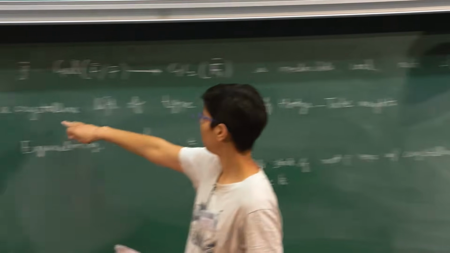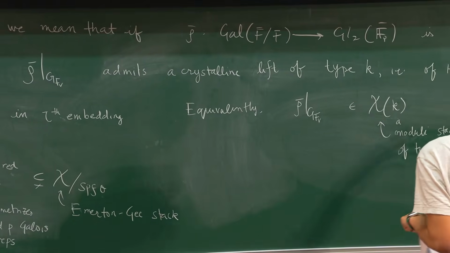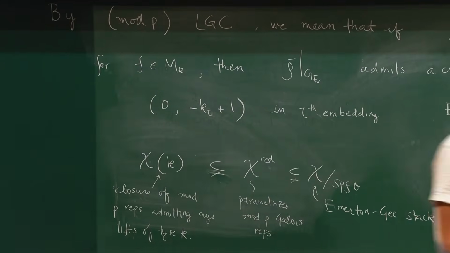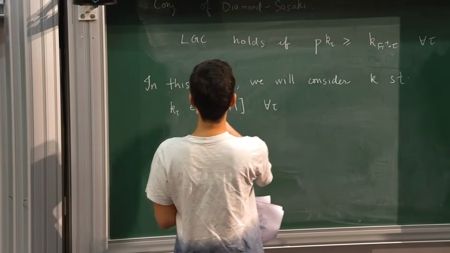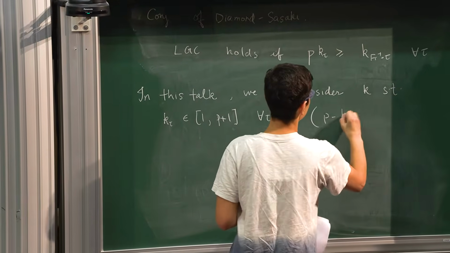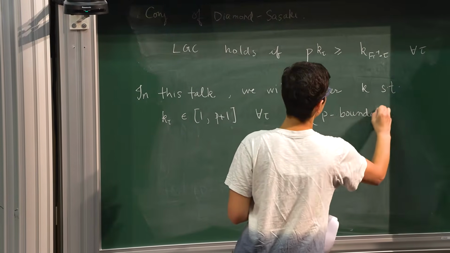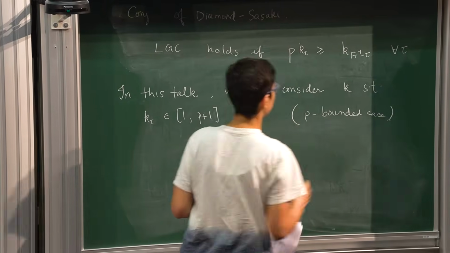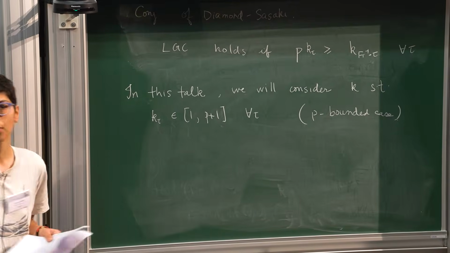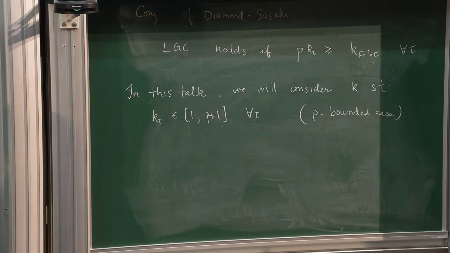Based on how I defined a crystalline lift of type k, this is basically saying that the differences in Hodge-Tate weights are bounded by p, which is why, even though it's actually not bounded by p, it is going to be called p-bounded. And hopefully I'll say a bit more about why you really need the p-bounded condition.